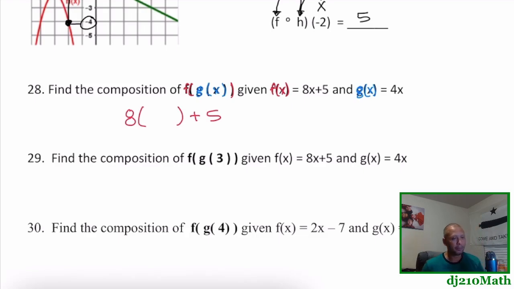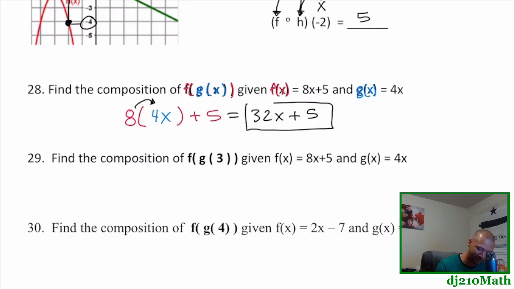So 8x plus 5. X is actually g of x, which in this case is 4x. So calculating, we're going to distribute, or it's multiplying. So this is going to be 32x plus 5.